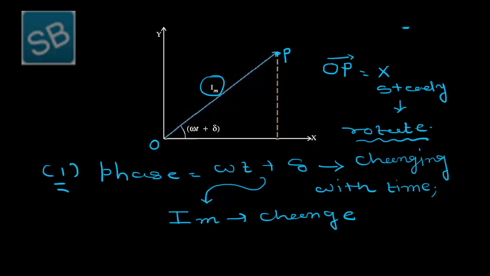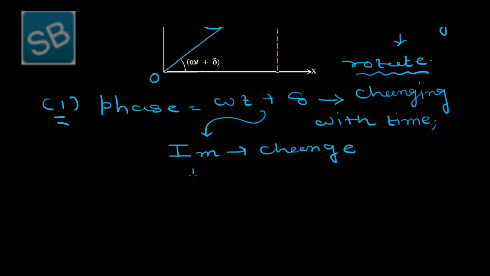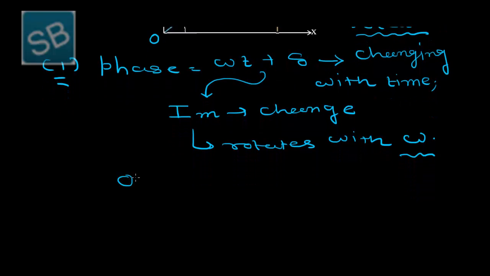But it rotates with what? It rotates with angular frequency omega. So such a vector, the OP vector, is called the rotating vector.